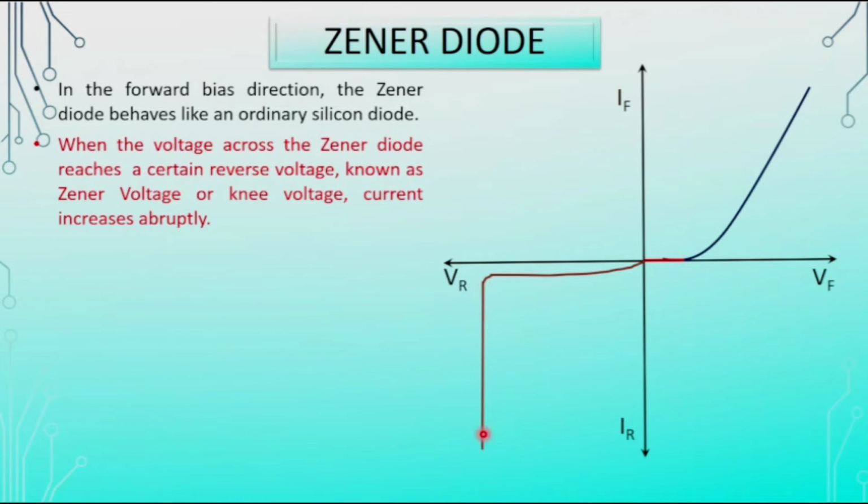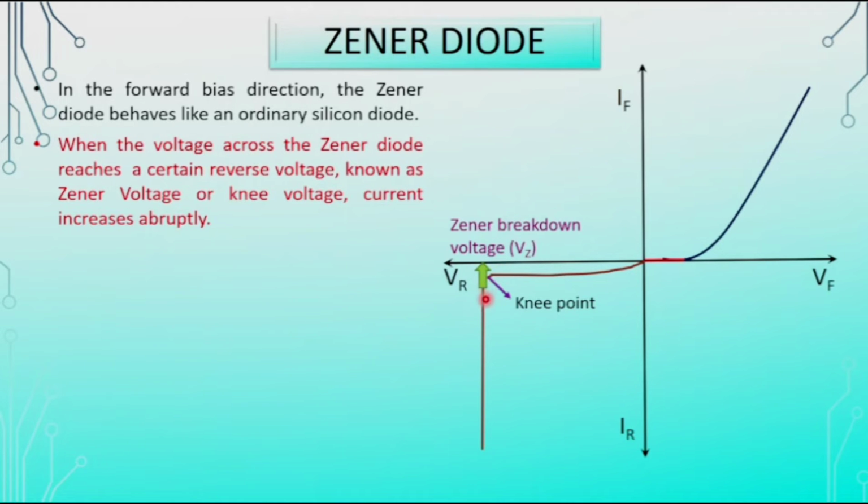The voltage for which we get this sharp increase in the current is known as the Zener voltage, and it is represented as Vz. As this position looks like a knee, the name is also knee point, and in some books this voltage is written as knee voltage.